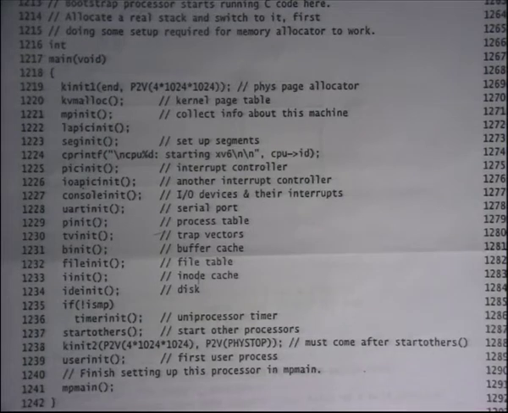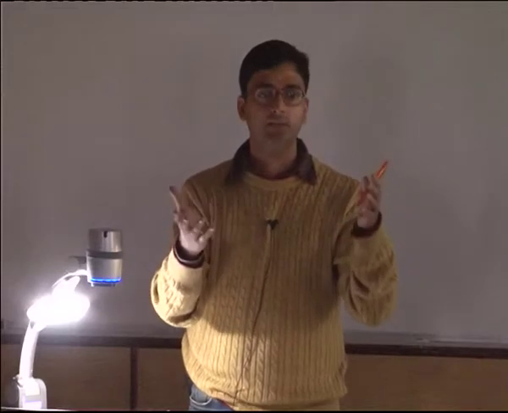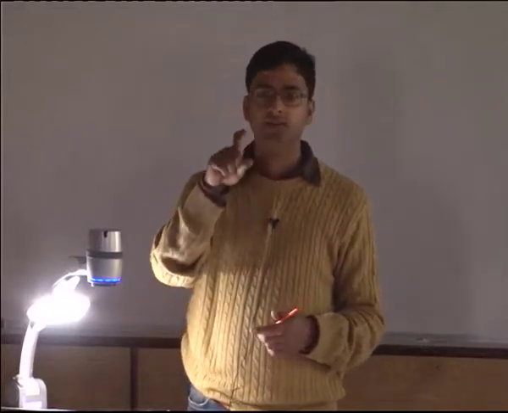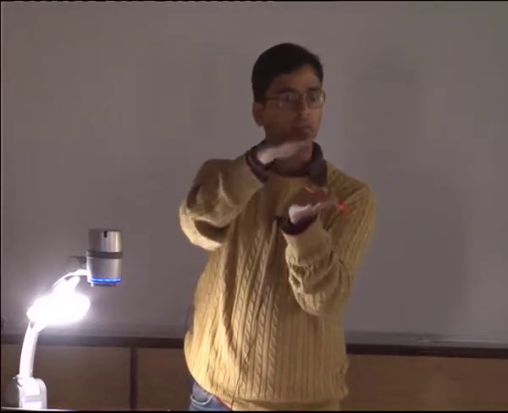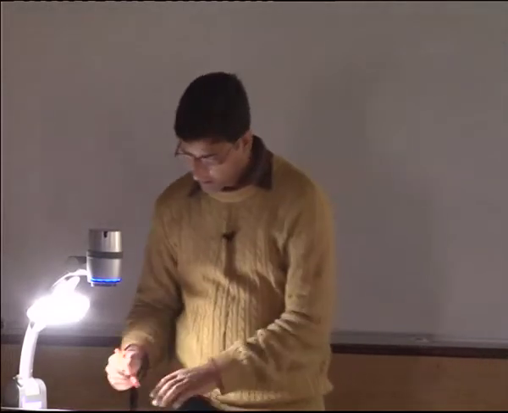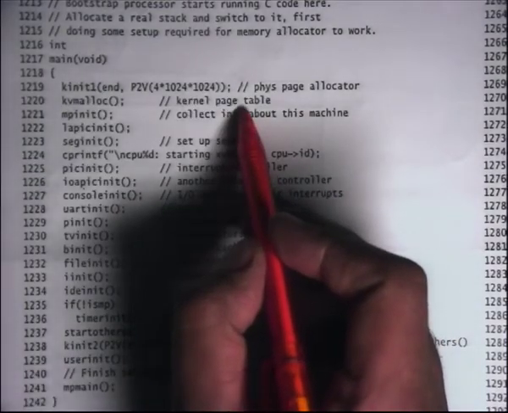Kalloc is just like malloc for the kernel, so you can allocate memory and you can free memory, except that kalloc only works at page granularity. So malloc can take any size, but one kalloc call will allocate one page and give it to you. Okay. And then there is this function called kvmalloc which will initialize the kernel page table, and that's what I'm going to discuss today, right.